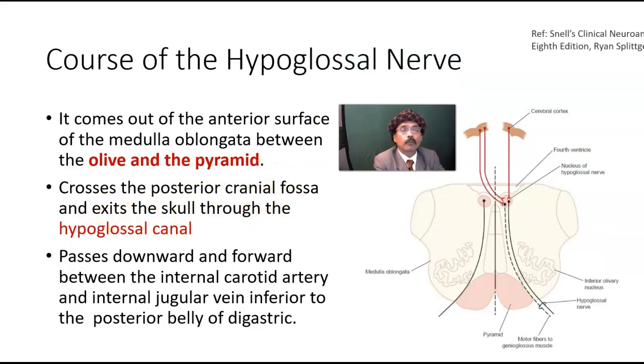It comes out of the skull through the hypoglossal canal, passes downward and forward between the internal carotid artery and internal jugular vein to the inferior part of the posterior belly of the digastric near the angle of the mandible. Remember, the posterior belly of the digastric is innervated by the facial nerve.